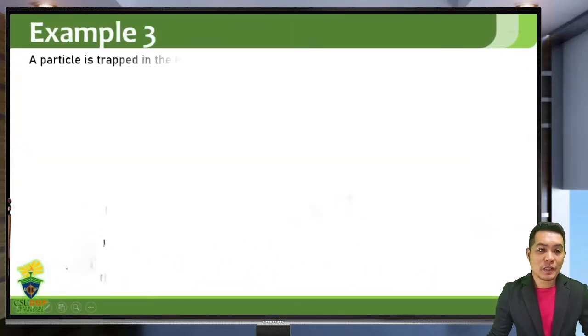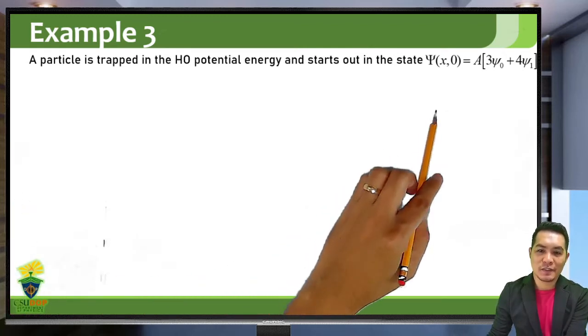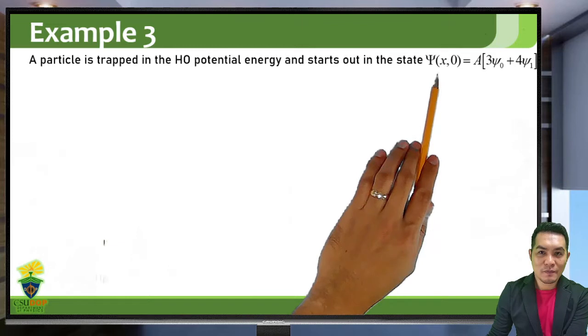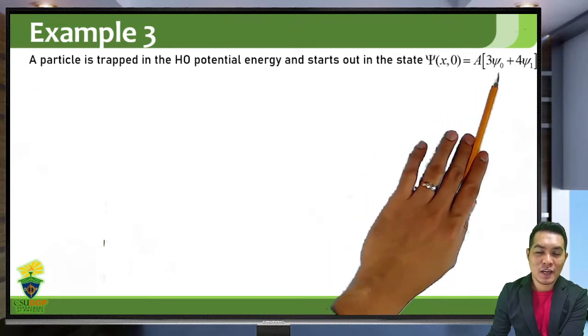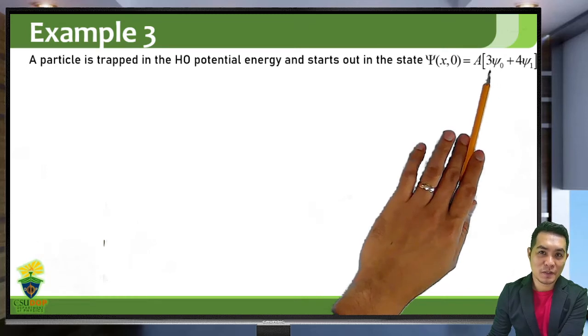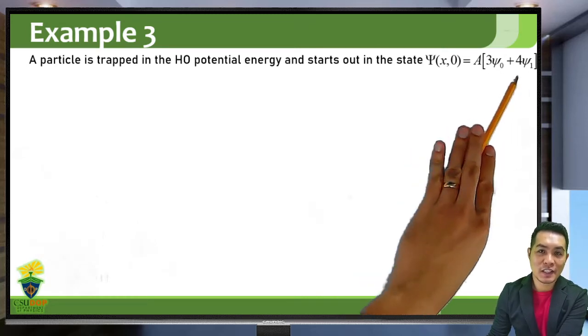Okay, last example. This last example is similar to the last example in the previous lesson. You're given a particle, but it's now trapped in a harmonic oscillator potential energy, and it starts in this state. So again, our initial wave function is now in terms of the time-independent wave functions of the harmonic oscillator, the ground state and the first excited state, psi 1.